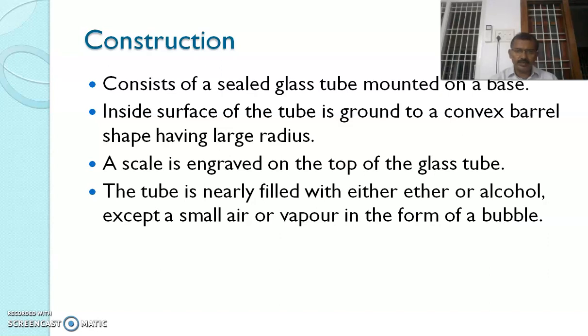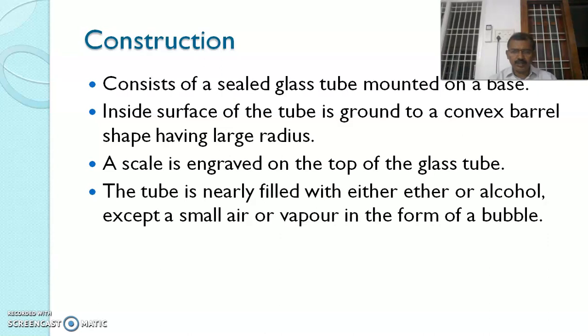As the fluid is of low viscosity, high density and high specific weight, it settles at the bottom, and the bubble, which is of very small specific weight, floats at the top.